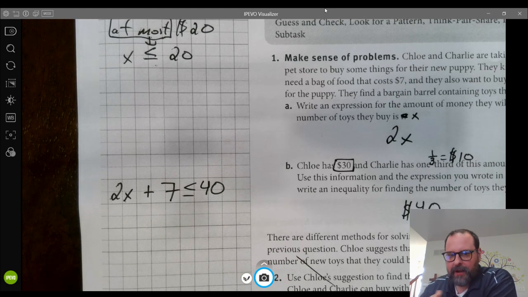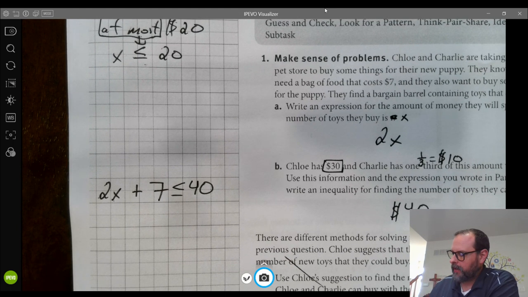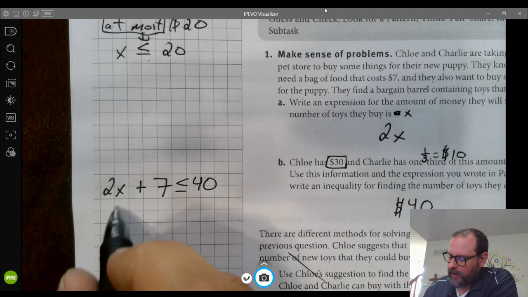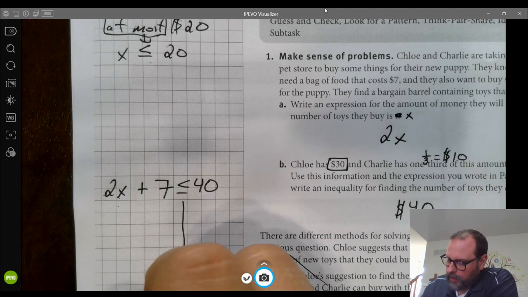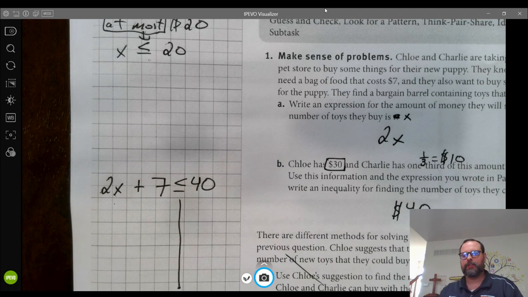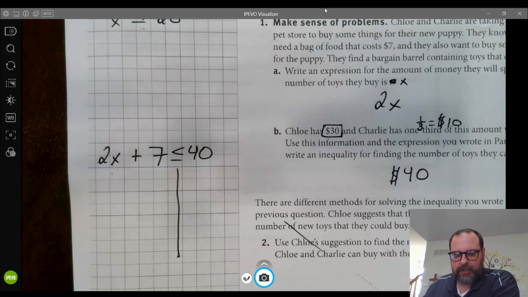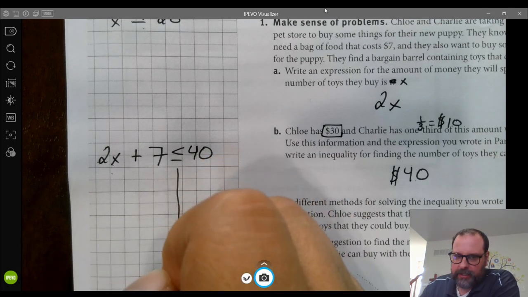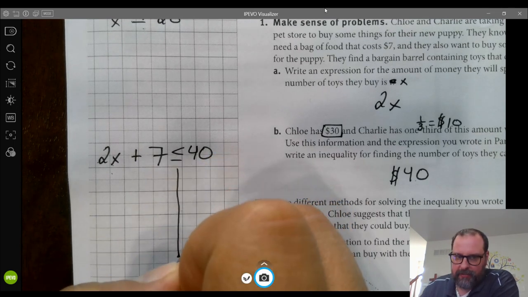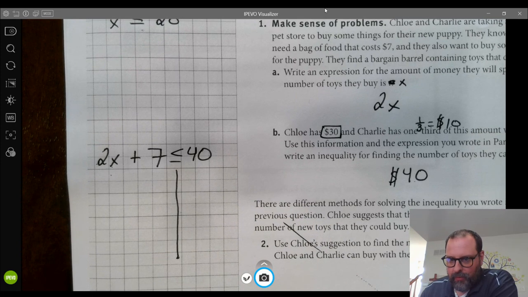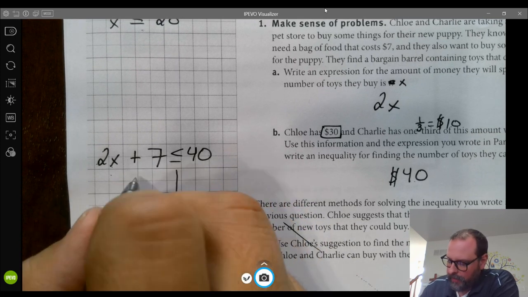Now, the other part that they go along with this on other pages is, well, what if I want to find out then how many toys I can buy? And we're assuming like no tax, or this is like Indiana or somewhere that doesn't tax you like Illinois does. So if I wanted to solve this, it is just like solving an equation. This is my divider line. We're going to add one other step when we do it in a moment.